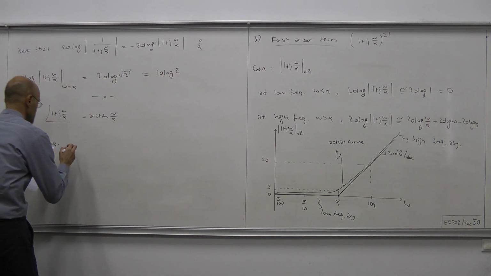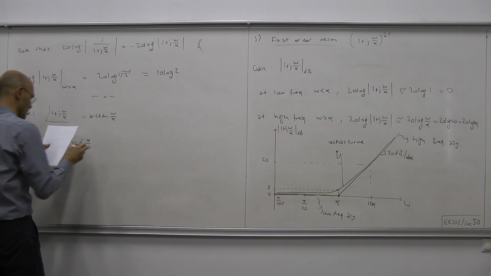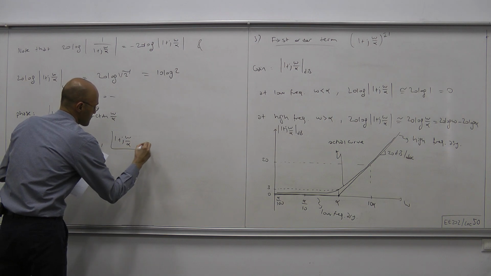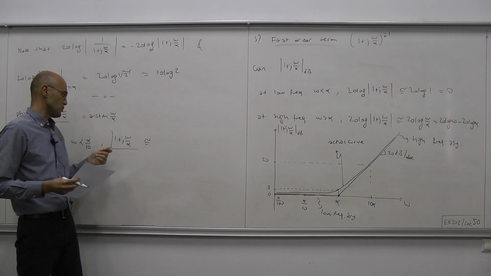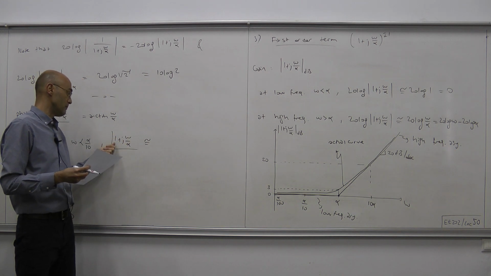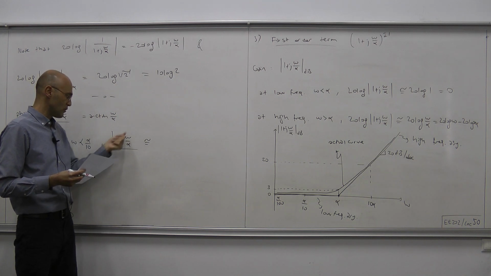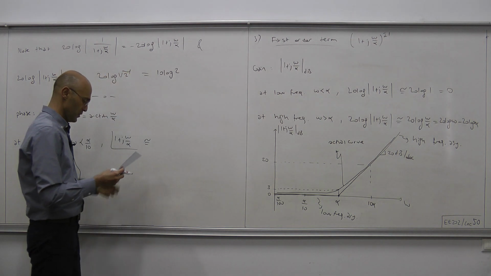So at low frequencies, this thing can be, as far as the phase is concerned, represented by its real part. If omega is much smaller than alpha over 10, we can ignore the imaginary part, and then we're talking about the phase of 1, a positive real number, which is 0.